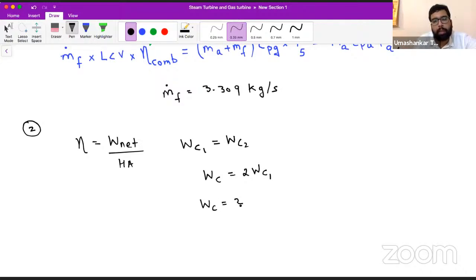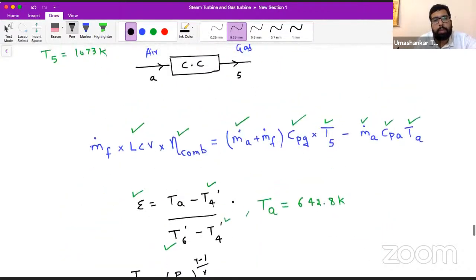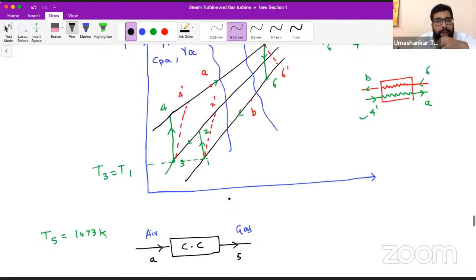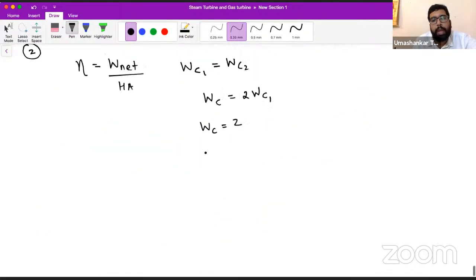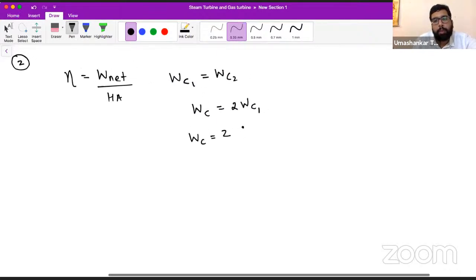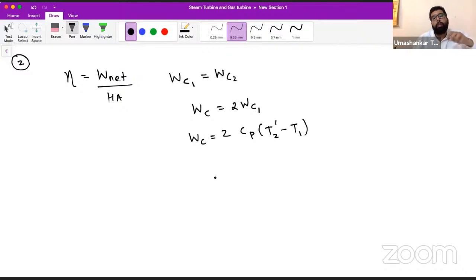So let us go and watch our TS diagram. This WC1 is going to be T2 dash minus T1. I assume you have calculated all the temperatures already, so you can solve it. Here we have to use CPA because it is before the combustion chamber.